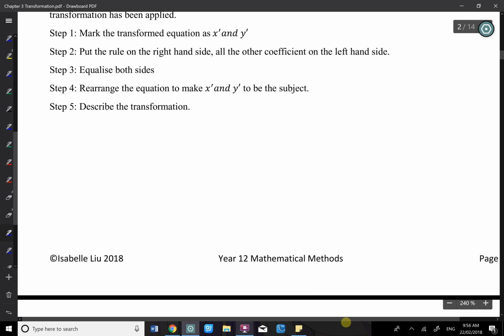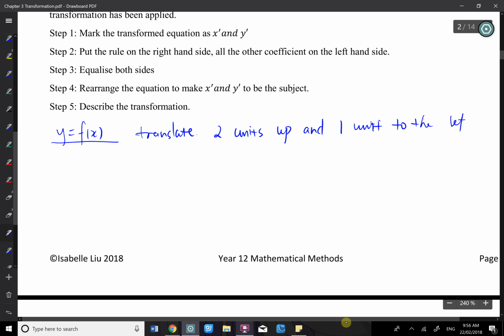So, some function, let's say y equals f(x), undergoes some translation, let's say translate 2 units up and 1 unit to the left, becomes y equals 1 over x squared.